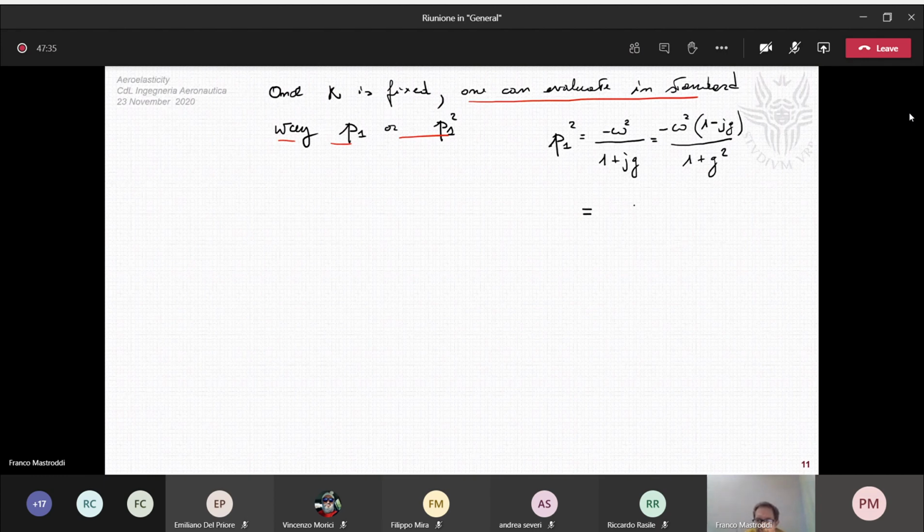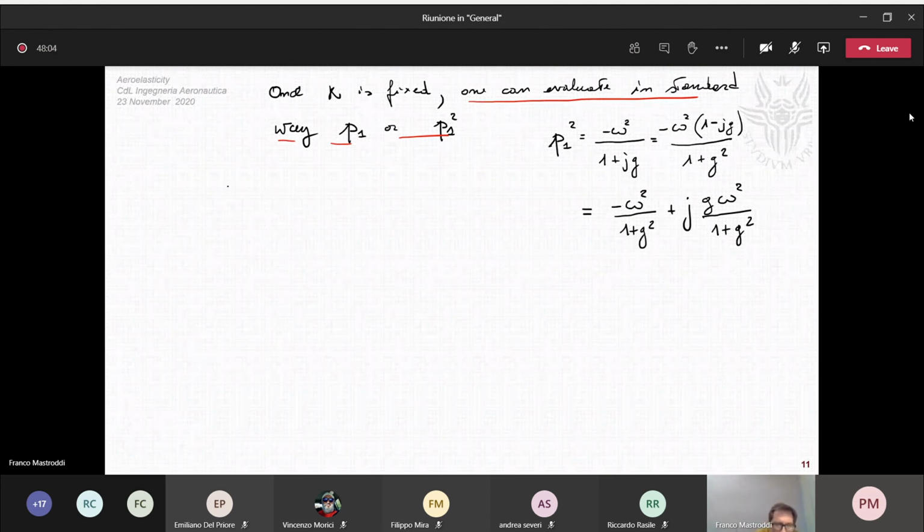Here we have separated the real and imaginary parts of P1 square. We have a real part, minus omega squared divided by 1 plus g squared, plus j times an imaginary part given by g omega squared divided by 1 plus g squared. So, at the end of our story, we can do the following plot.